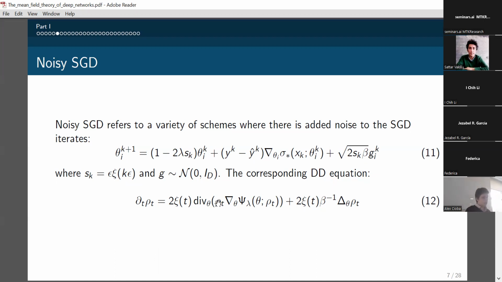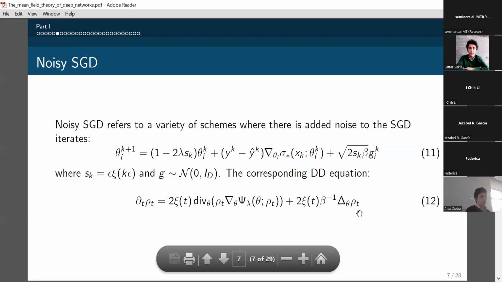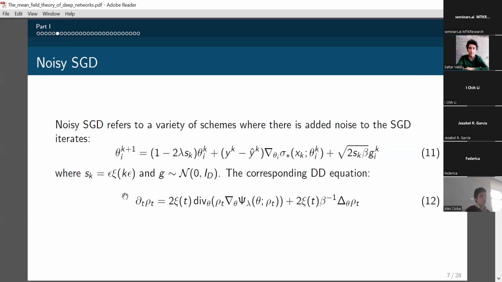So in analyzing this particular phenomenon, people have looked at, first of all, showing the approximation of this equation with the finite time empirical distribution of the weights is possible. And secondly, studying the dynamics of this equation and looking, for example, for stationary points in the dynamics to understand what the behavior of weights during the evolution of SGD looks like.